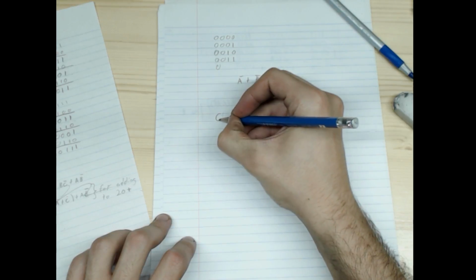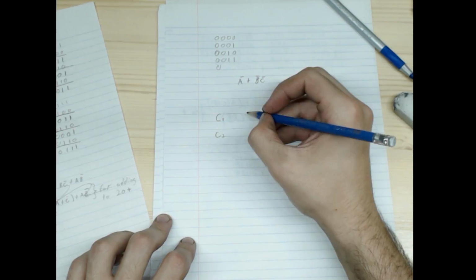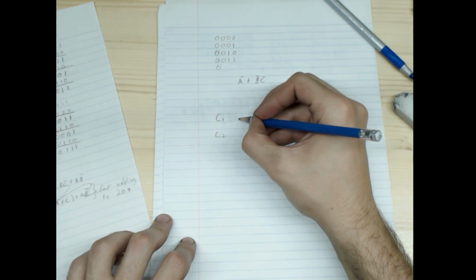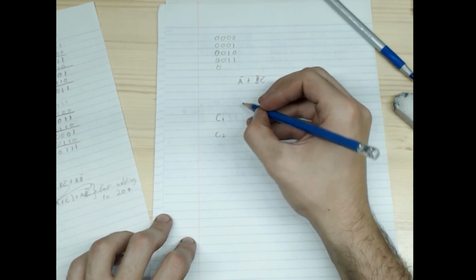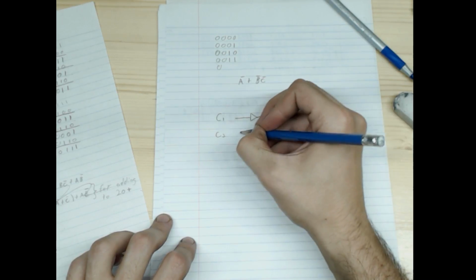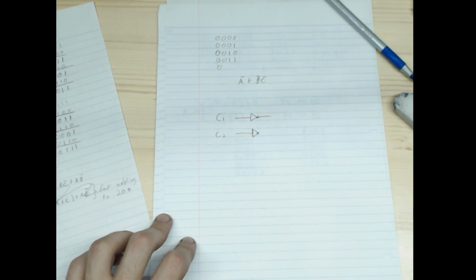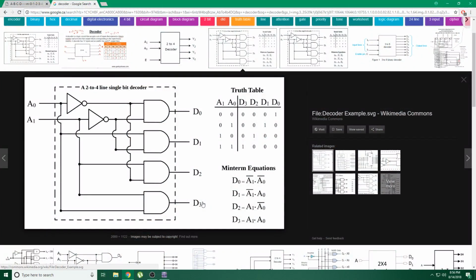So basically, if I were to draw it, if we have the decoder, so let's say we have carry 1, carry 2, and we have this going through an inverter, this also going through an inverter.